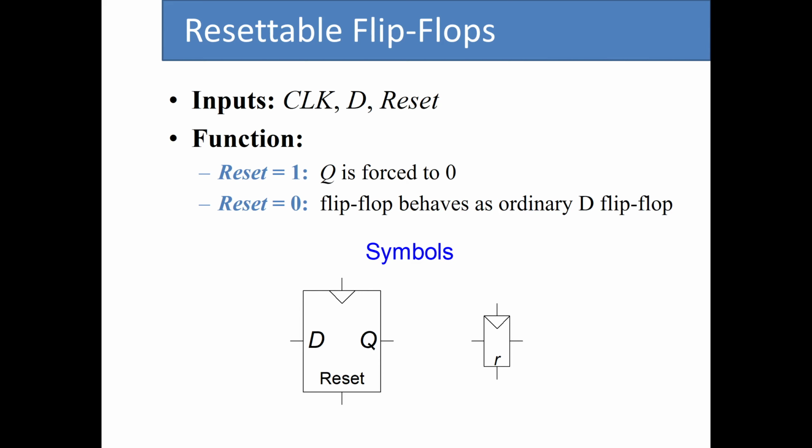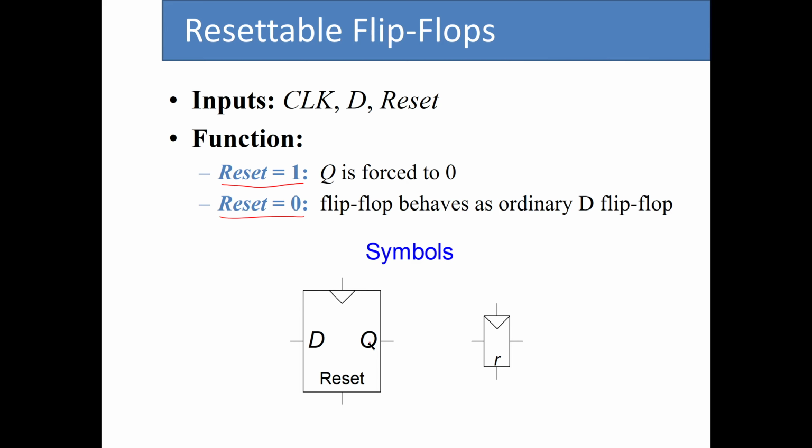But this gives again more control. By changing one signal, one input, you have that functionality. So in the resettable flip-flop, whenever reset is 1, Q is forced to 0. Whenever reset is 0, the flip-flop behaves as it was behaving before. So it works as an ordinary flip-flop.